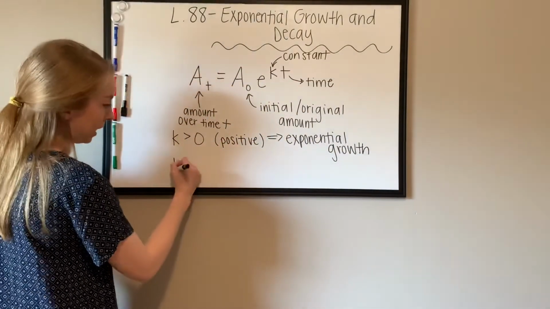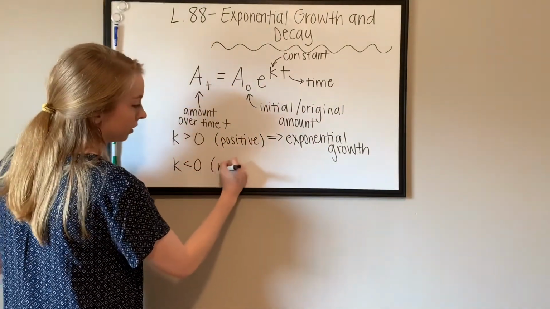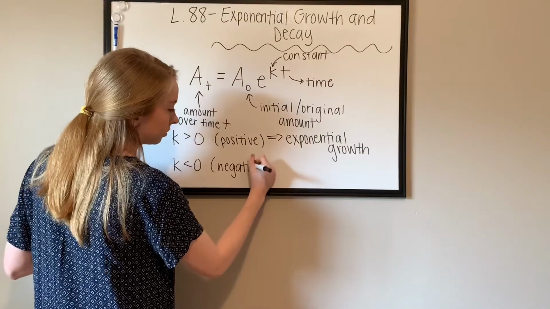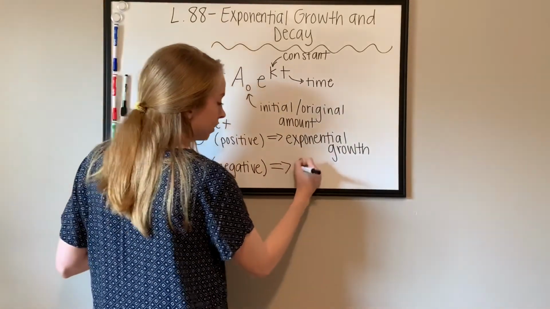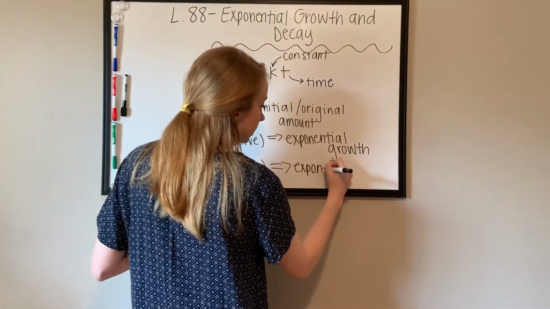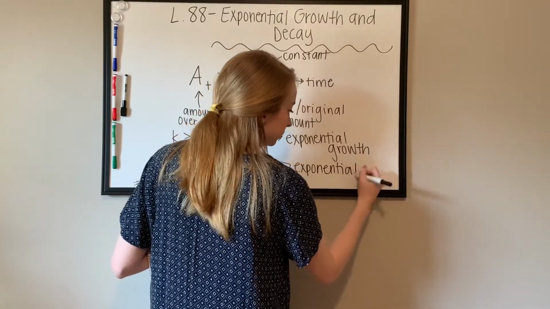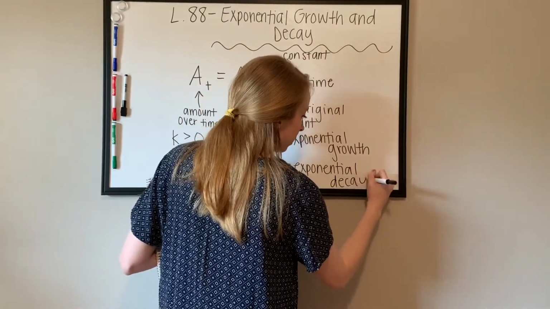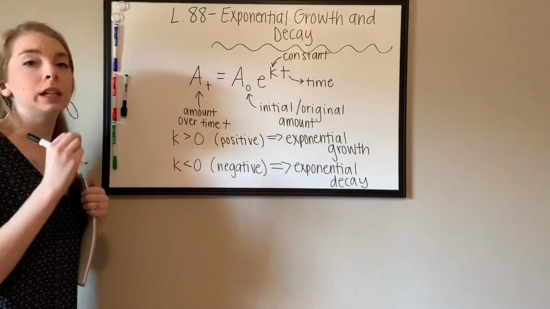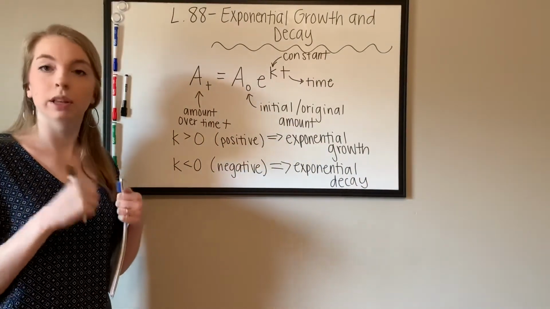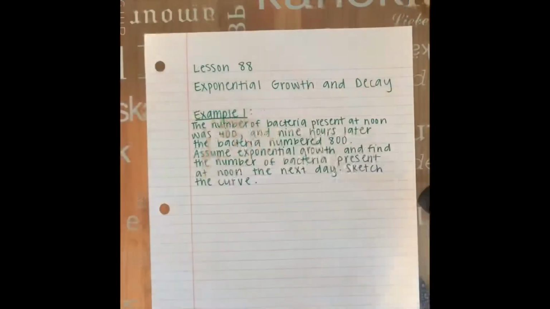Likewise, if K is negative, you're going to have exponential decay. And that is all of the information you need to know to be able to solve these problems. So let's do a few examples together now.